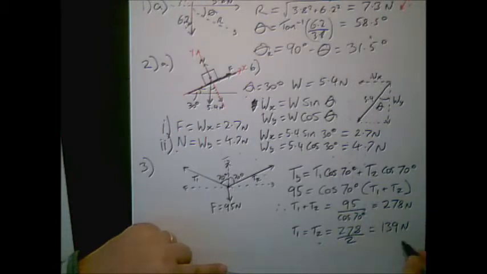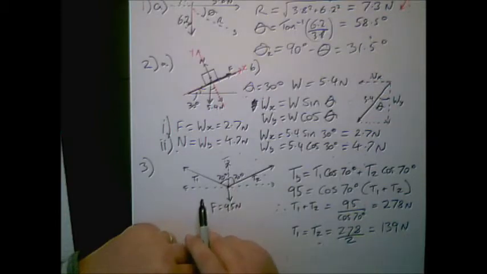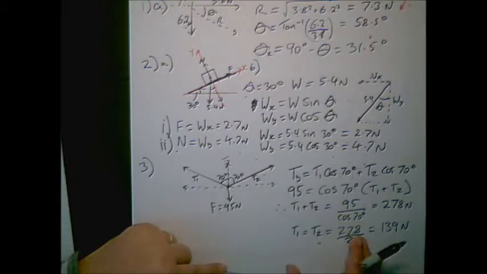And like I say, that last assumption is only available to us because the angle is equal. It should be completely evenly spread between the two tensions. If these were not equal and the tension therefore was not equally spread, we could only go as far as here. We could say what the total was, but we couldn't divide it up at this point, not the way we've done here.